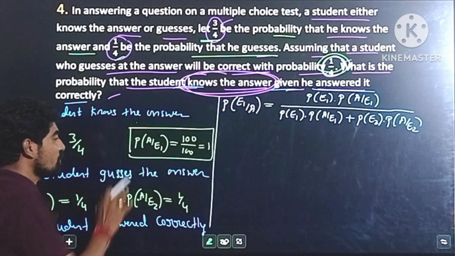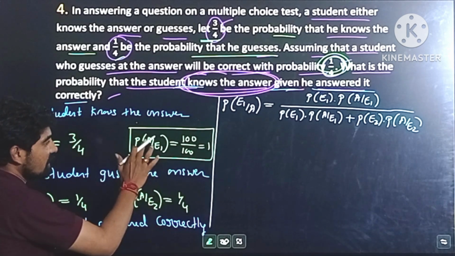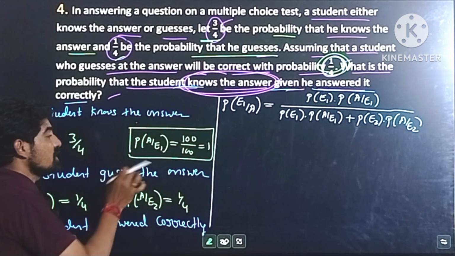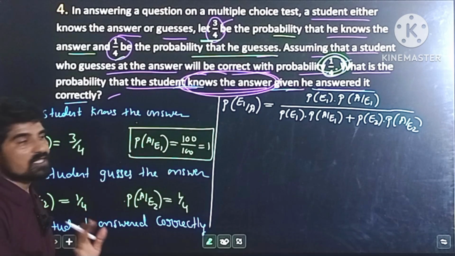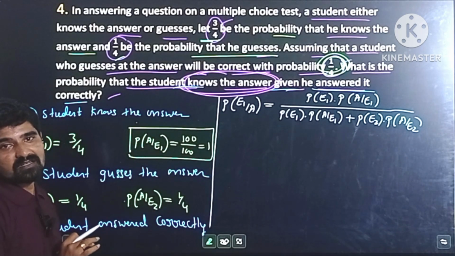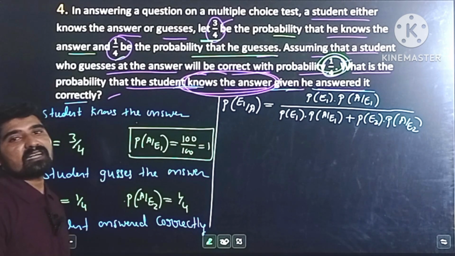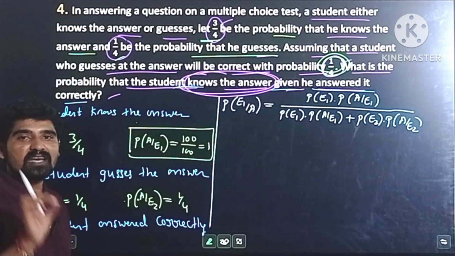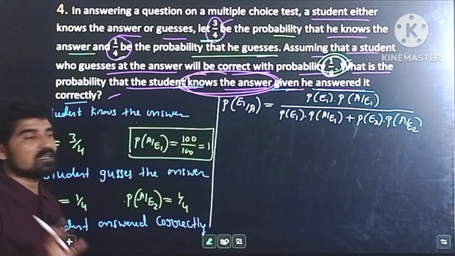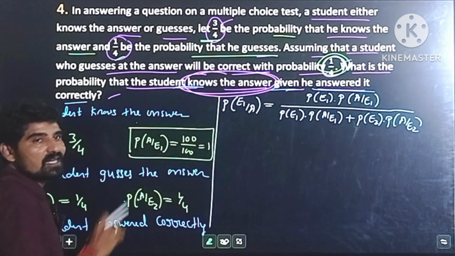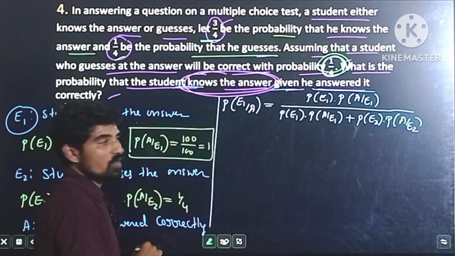This data is not given in the question because this is a logic based answer. Why? Because if a student knows the answer, that answer must be correct, in the sense 100% the answer will be correct. That's why probability of A given E1 is 100 by 100, so 100 gets cancelled, and the answer is 1.